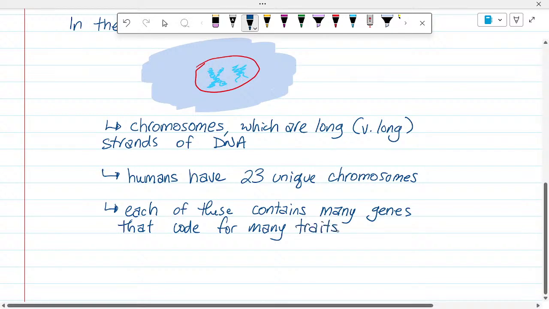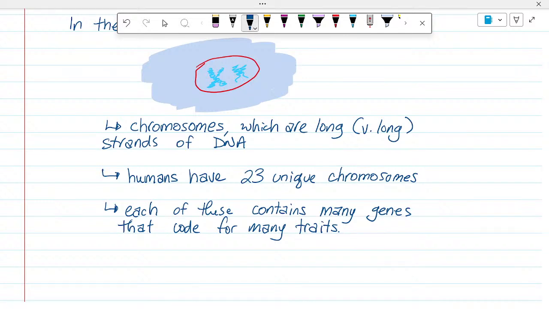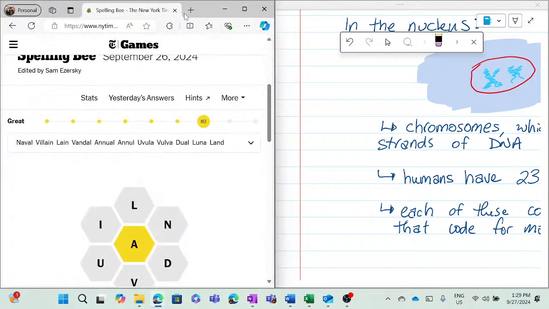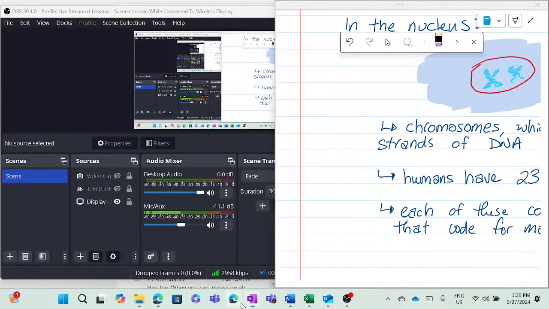So, like somewhere on one of your chromosomes, the weird emphasis on a strange syllable. Parabola, that's right. So I want to show you, for example, spelling bee, that's not what I want to show you.